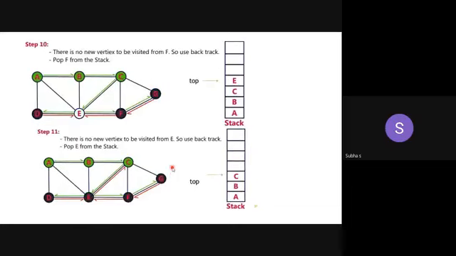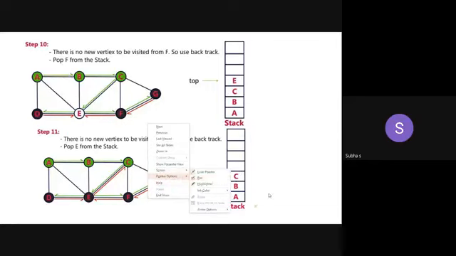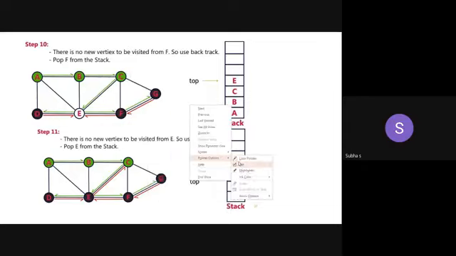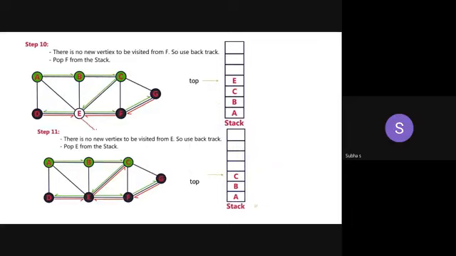So what do you have to do? Pop F. Now top is pointing to whom? E. Go to E. Check whether there is any unvisited node. Just for example, suppose there is one more node, M. This is also a graph, yes?